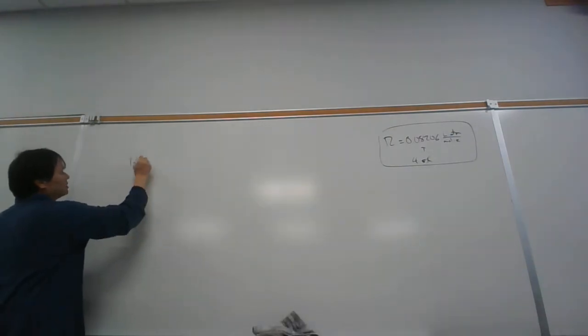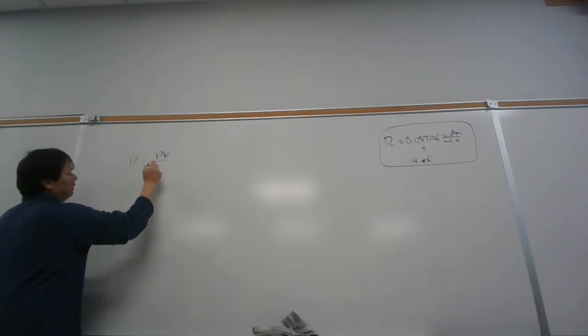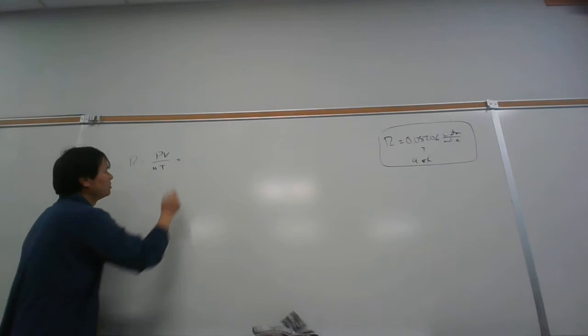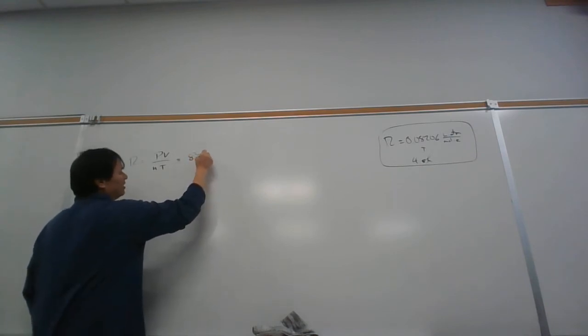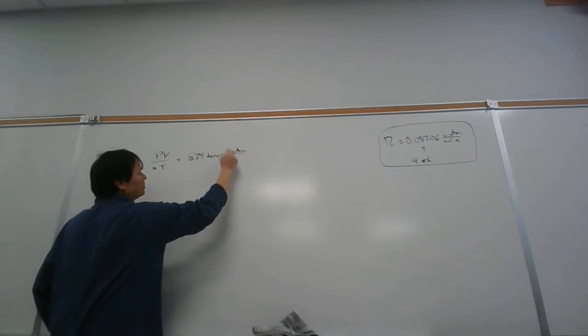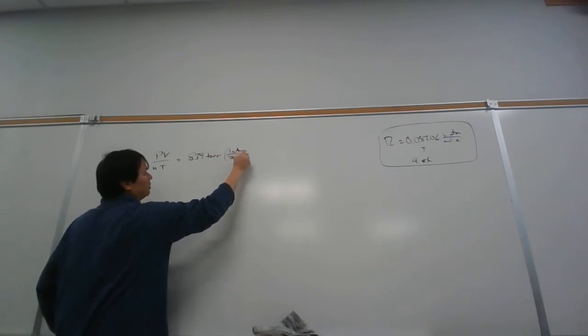R is equal to PV over NT. Now the pressure is 839 torr, so we'll convert that into atmospheres. 1 atmosphere is equivalent to exactly 760 torr.